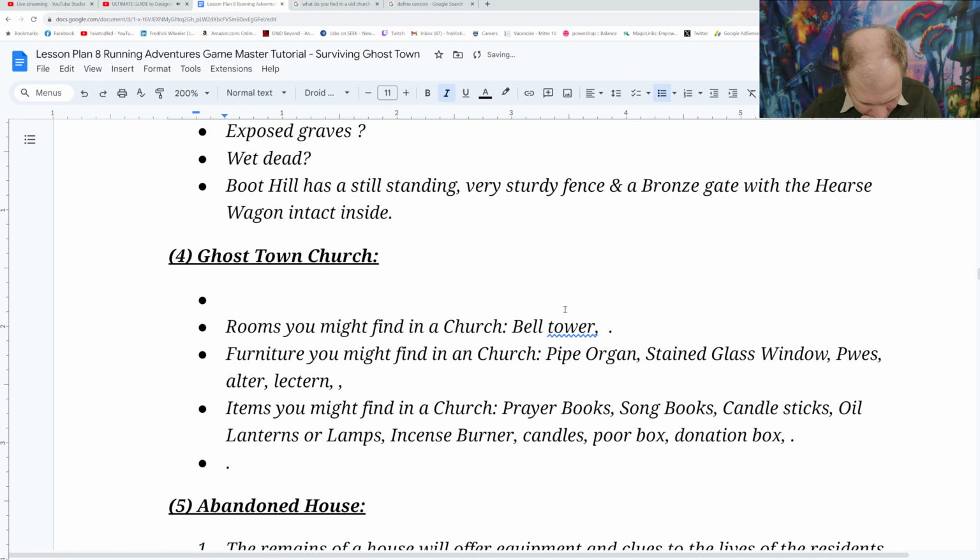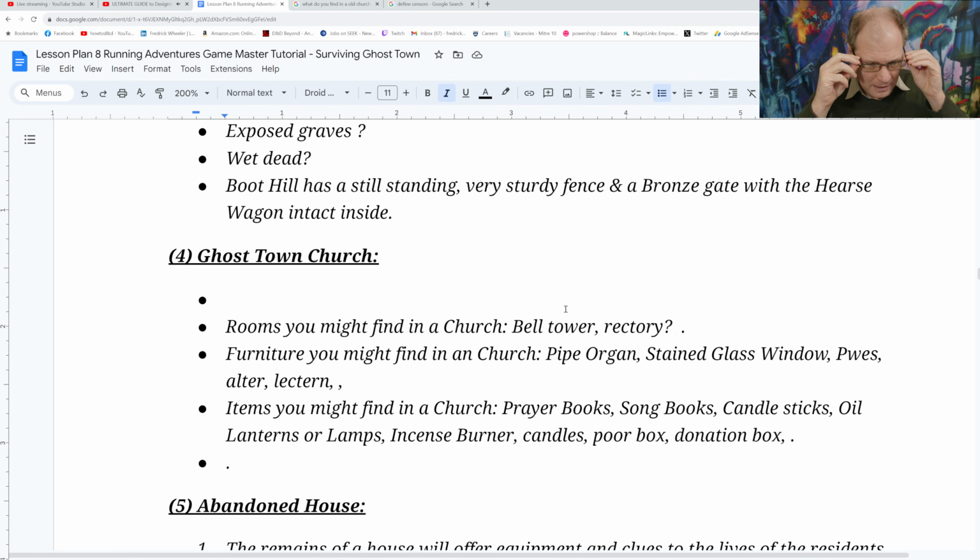So yeah, I don't think so. Pews, yes. Bell tower, though, absolutely. Some churches started in the bar. Depends on, yeah. We're dealing with a very, very small sort of location.